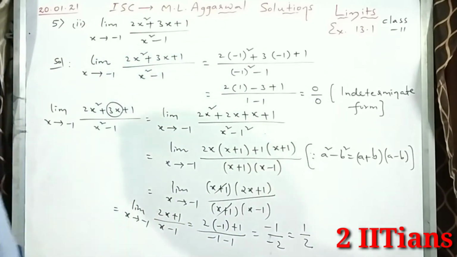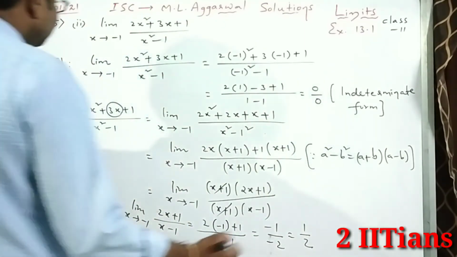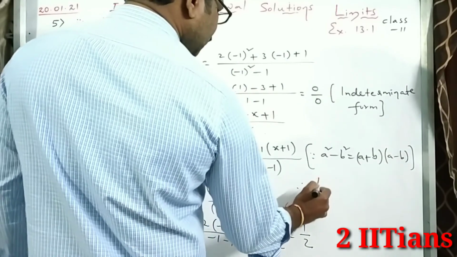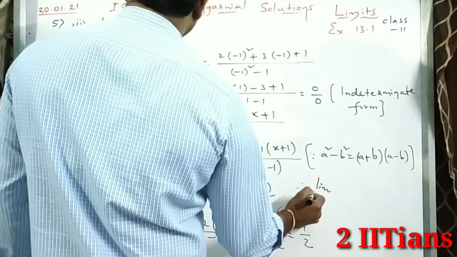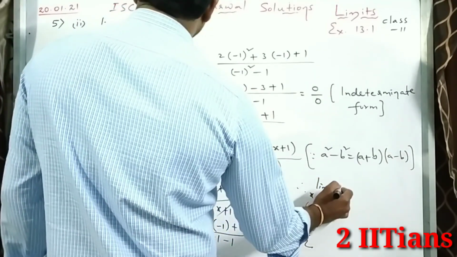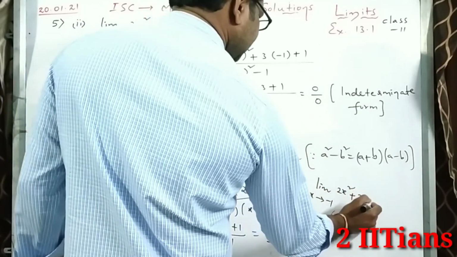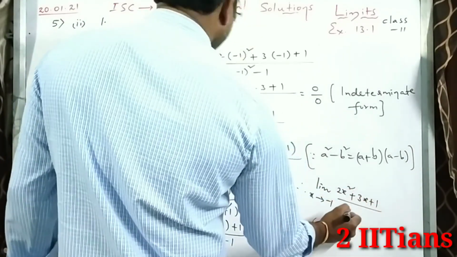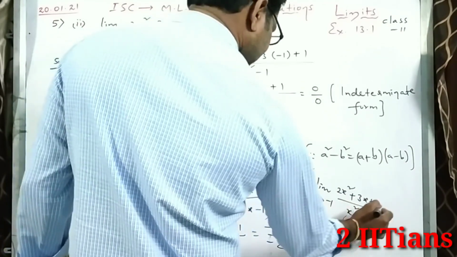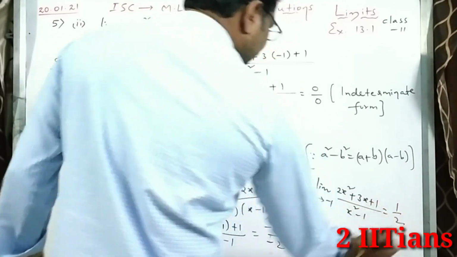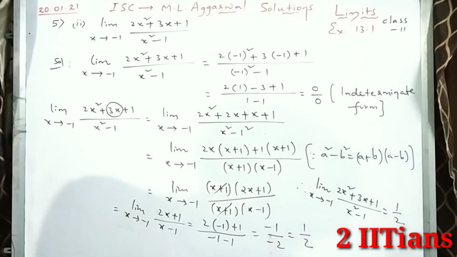What is the value of the given limit? Therefore, the conclusion step is very important, everybody should write it: the limit of 2x square plus 3x plus 1 upon x square minus 1 is equal to 1 by 2. That is the end of the solution. Hope it is clear.